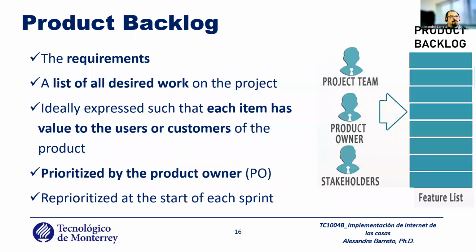Some artifacts. The first one is the product backlog. Okay, the product backlog, as I said, is the list of our desired work, the list of requirements. Different than traditional work, it's not a very detailed requirement, it's a very simple requirement. As I said, I use the story.